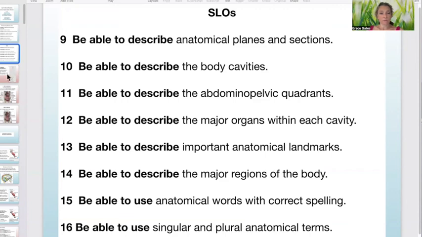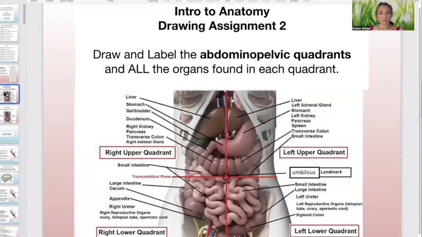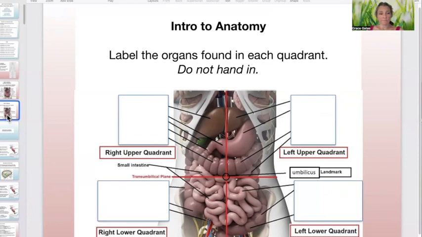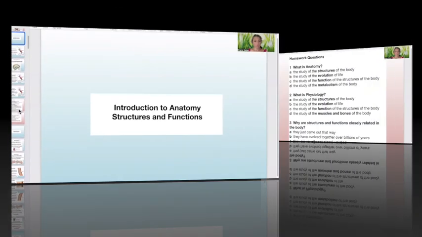After the student learning objectives come the drawing assignments. And here is your drawing assignment 1 and 2. And then a special labeling assignment, not to be turned in, but just to learn from. And then the lecture slides are in blue.